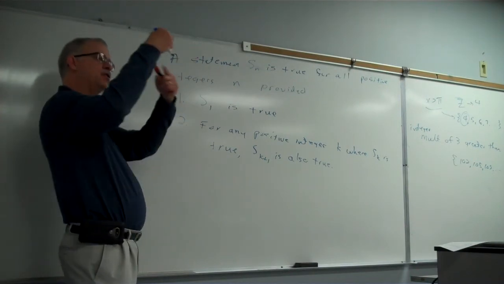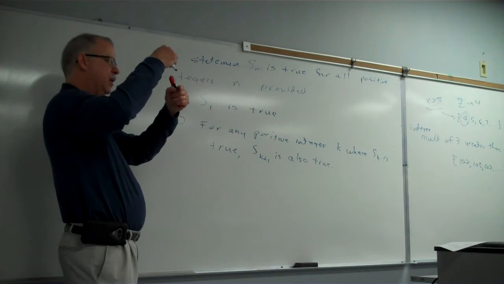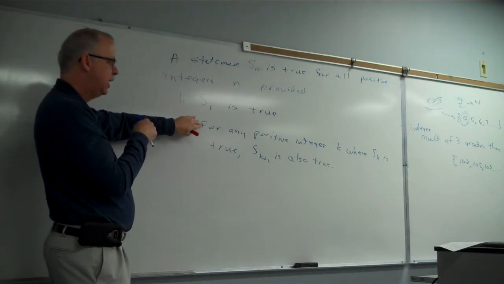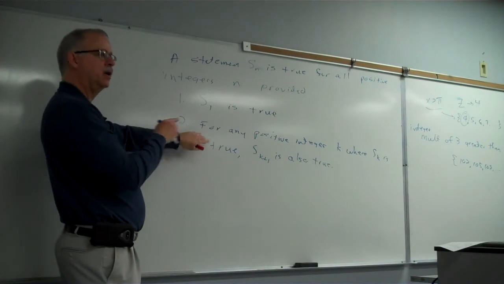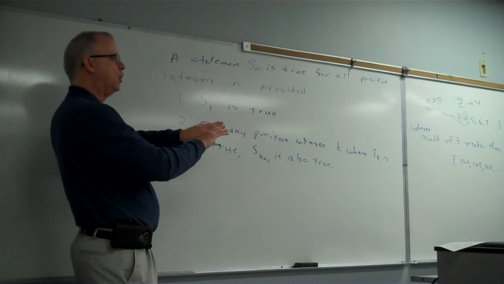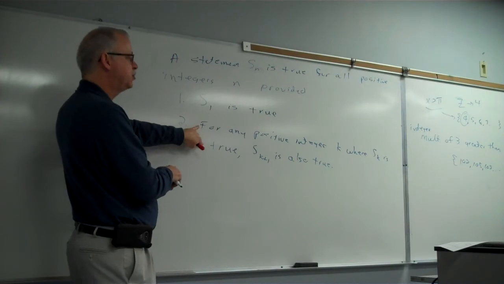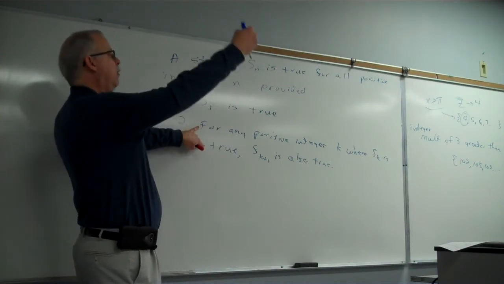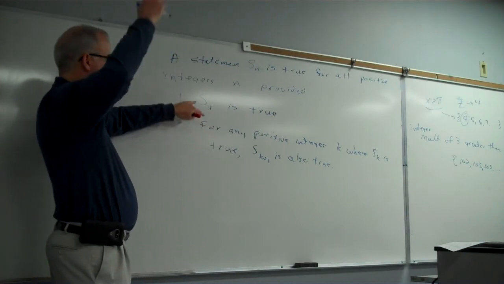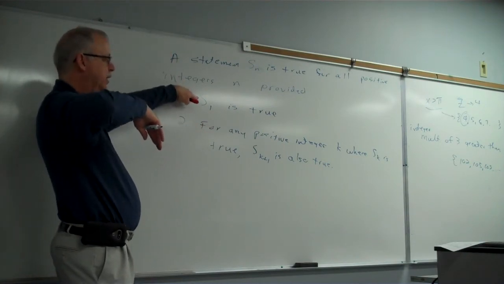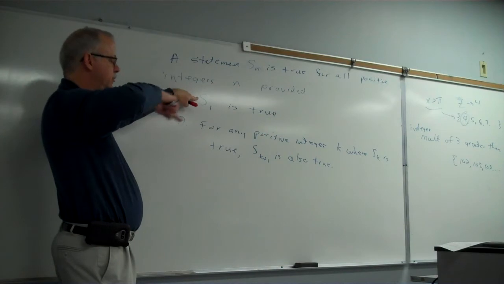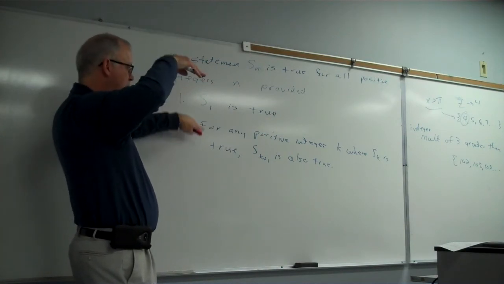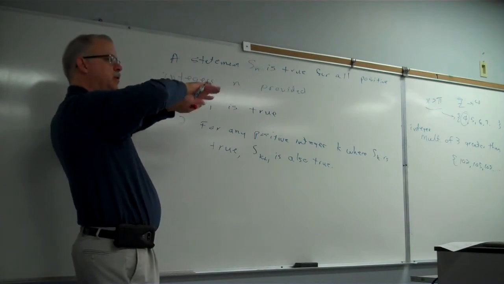Well, then it was true at 3. But if what we've got here is correct, if it was true at 3, it would have to be true at 4, and you get a contradiction. So if this is true, the only place the original statement could be false is where it starts, because if it's false anywhere else, you get a contradiction.